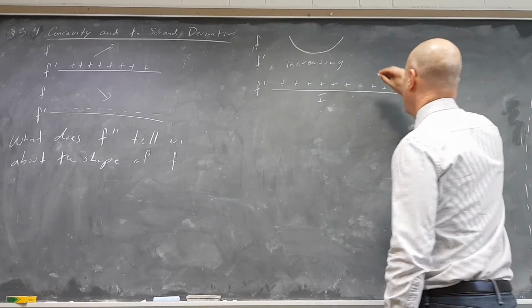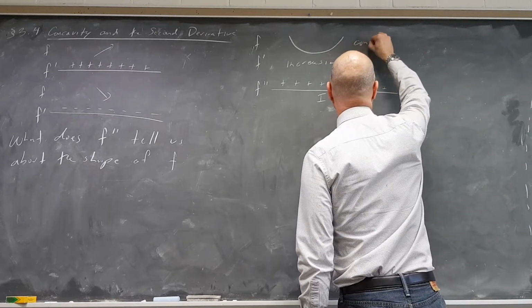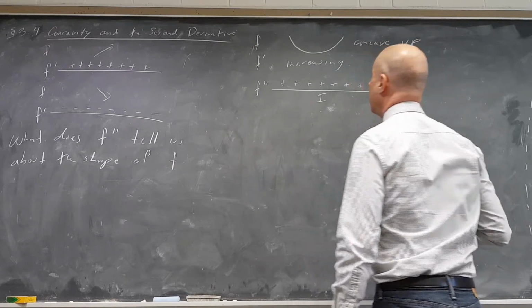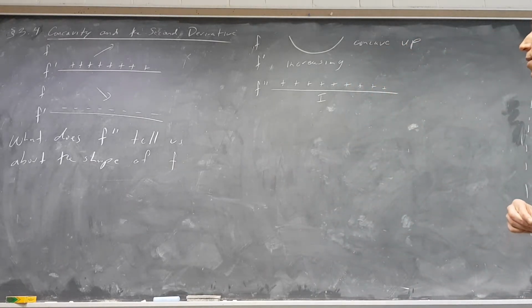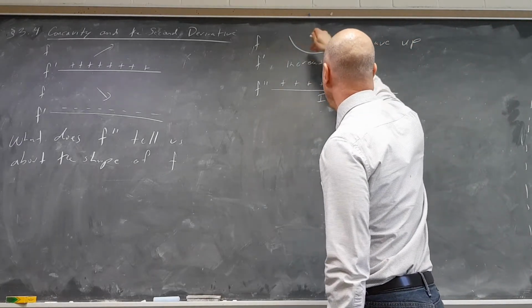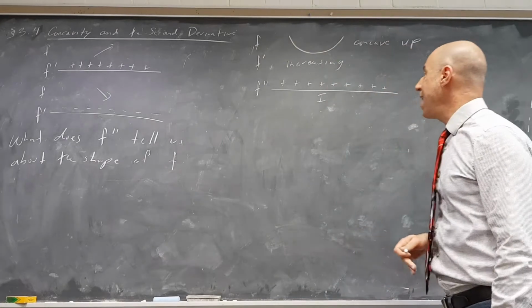And we call this concave up. It tells us how the original function is curving. It's curving upwards. It's shaped like a valley.